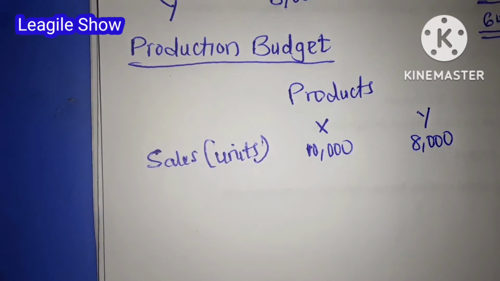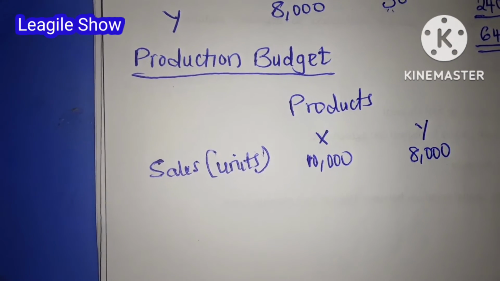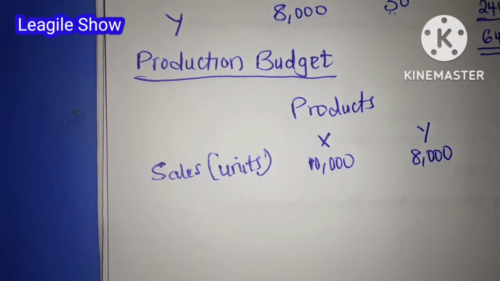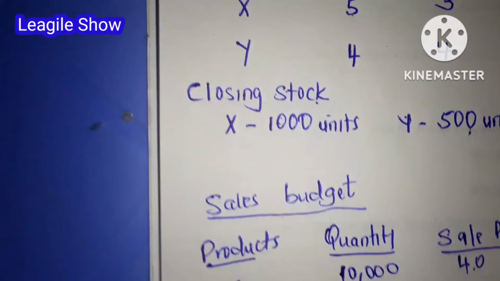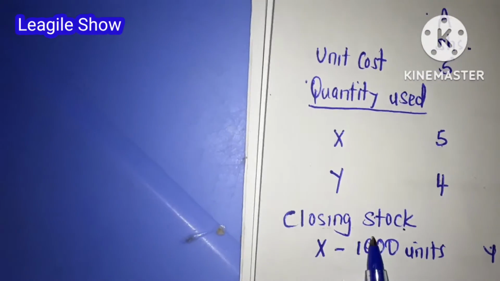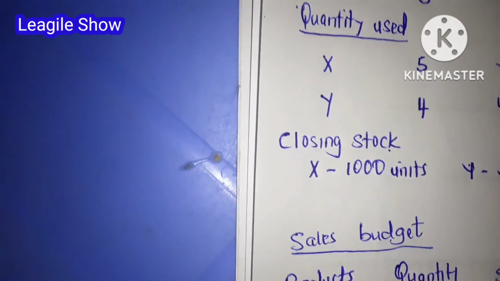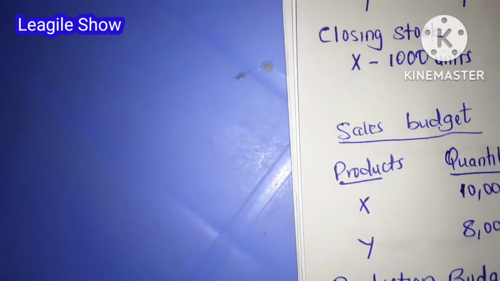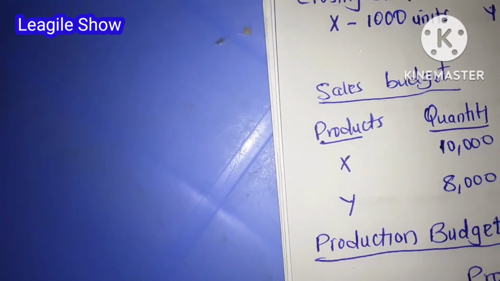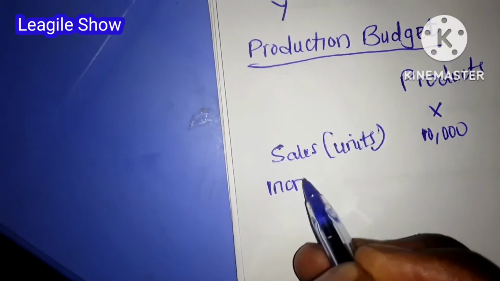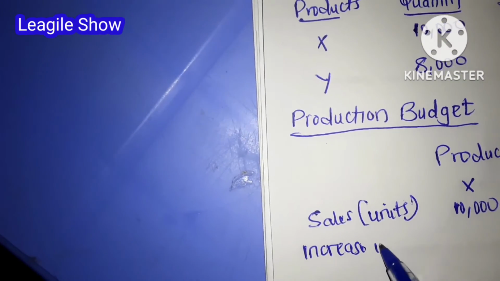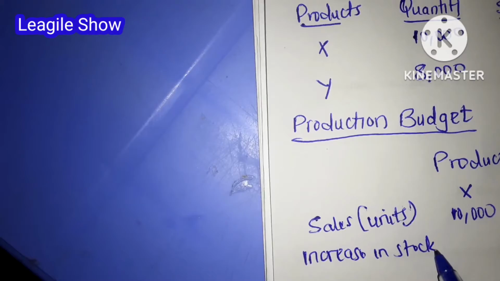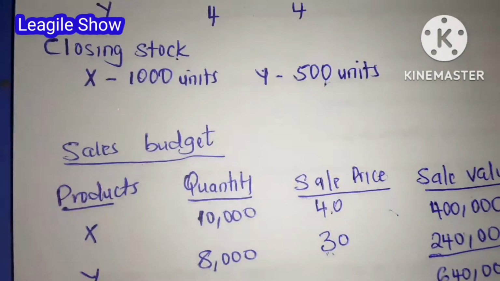Then from there, we are going to increase this stock because we are having closing stock in our question. In this case we will only be adding, because we are going to increase, that is increase in stock due to the closing stock which you are given.